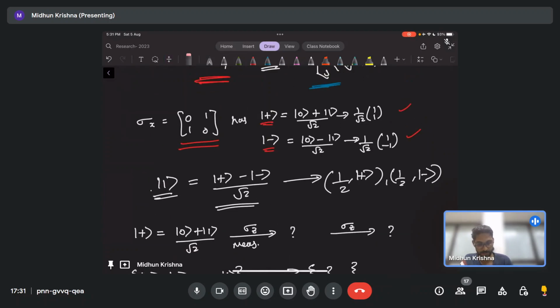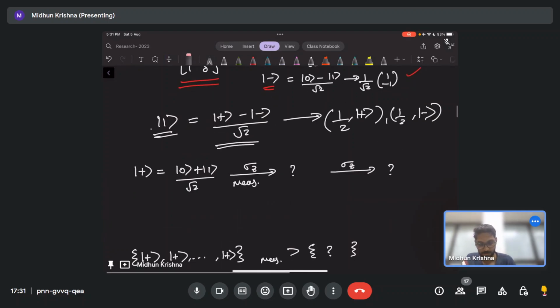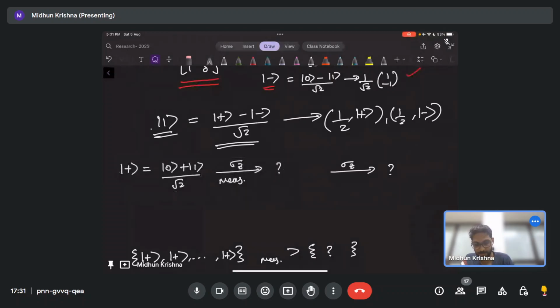Okay, so let's do this again. If I send a plus particle, which means it's an eigenvector of sigma x, and I do a measurement in the z direction, what we saw is with half probability I'll get the zero state, and with half probability I'll get the one state.